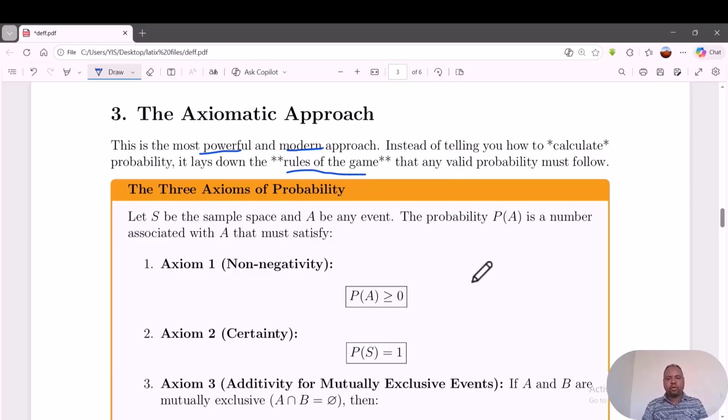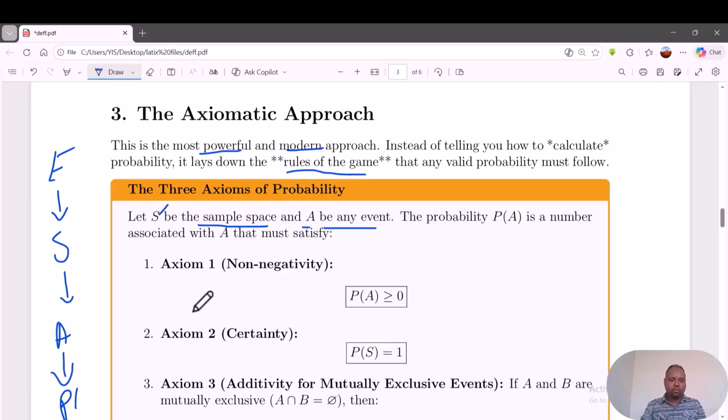So, before getting into the derived ones, let us see the 3 axioms of probability, the 3 rules of the game. Suppose S is the sample space and A is an event, right? From a random experiment E, we expect to have a sample space. From this one, we define an event A. So, for this event, we need to define its probability using the axiomatic approach, right?